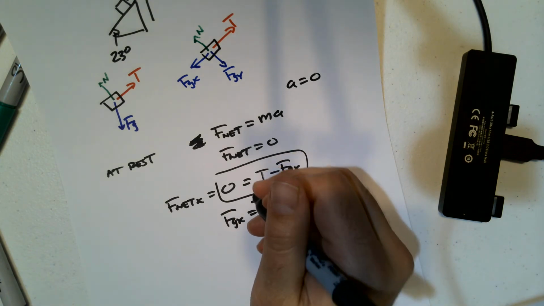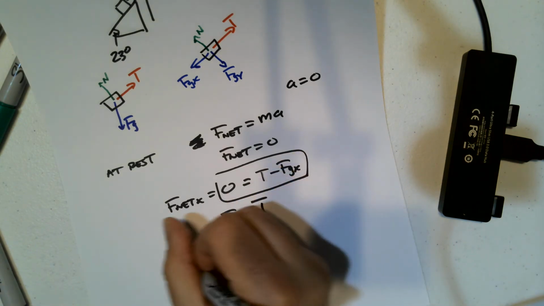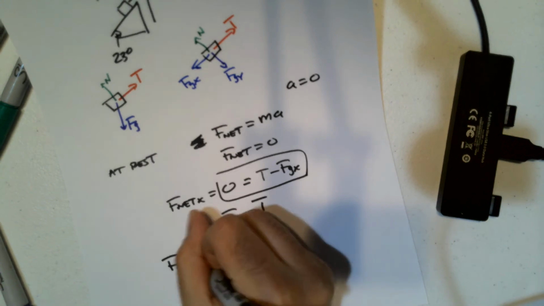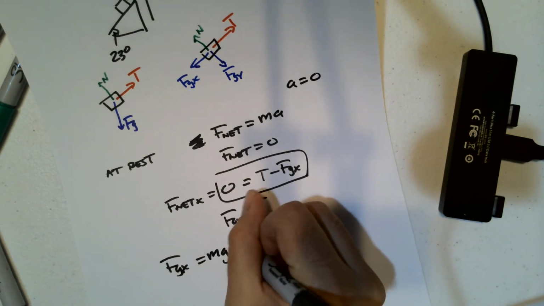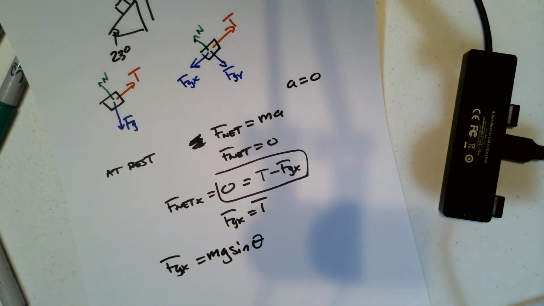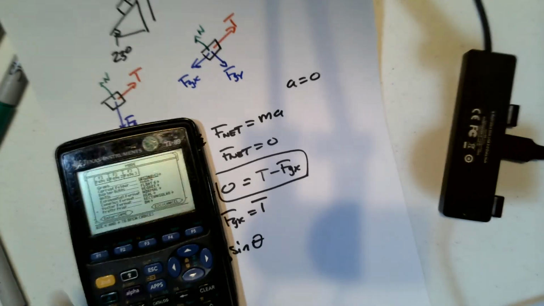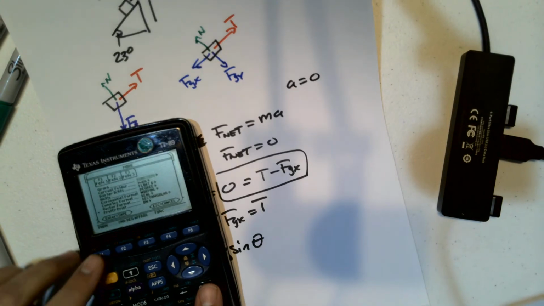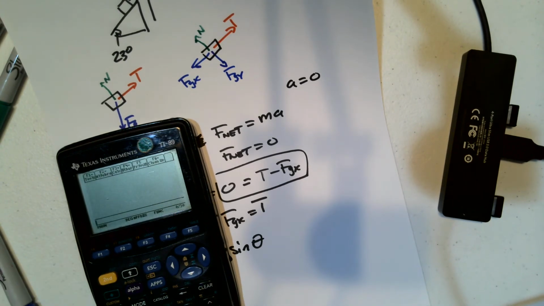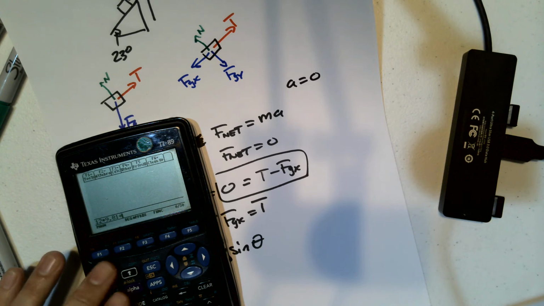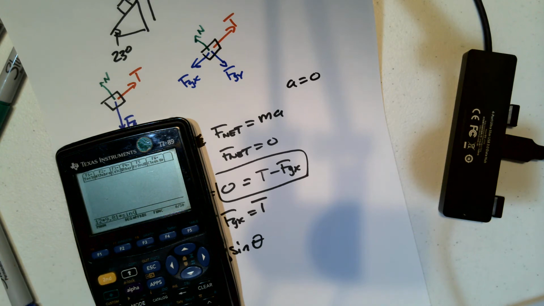Now we always have the ability to solve for FGX. FGX is equal to mg sine theta, where theta is the angle of the incline. So if I'm going to do the math here, I have a mass of 12, 9.81 for g, and then sine of the angle, which is 23.